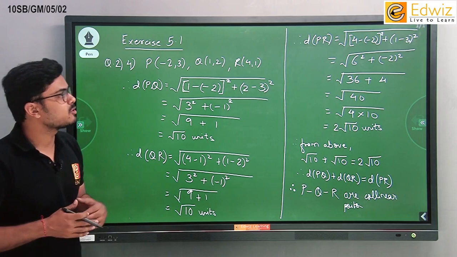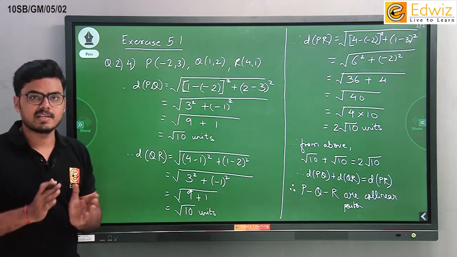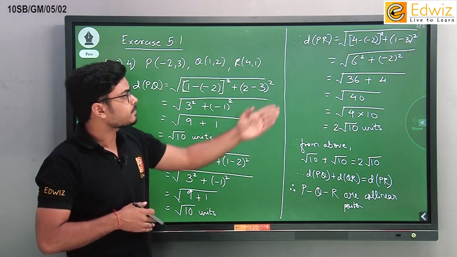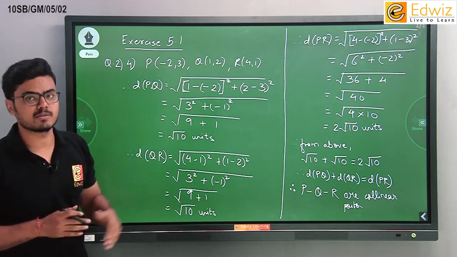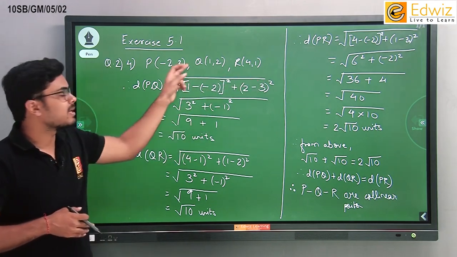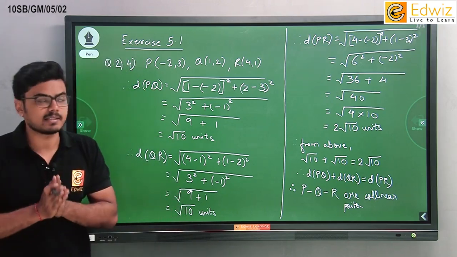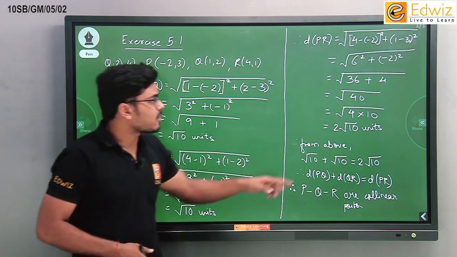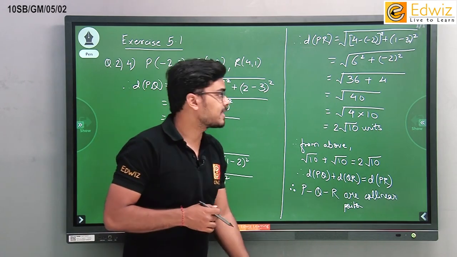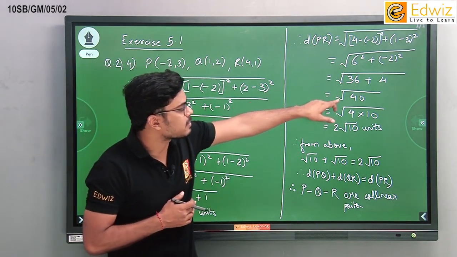Now the only thing left is to find out the third distance between the points P and R. Once again we use the distance formula. So x2 minus x1, that is 4 minus minus 2, plus 1 minus 3, which is y2 minus y1, the whole square. Don't forget the whole square, it is part of the formula. When we solve this, this will become square root of 6 square plus minus 2 square. Upon solving we are getting square root of 40.